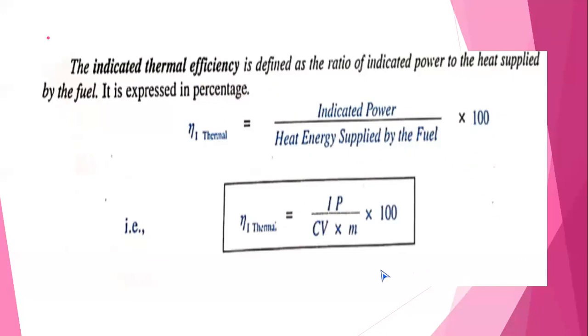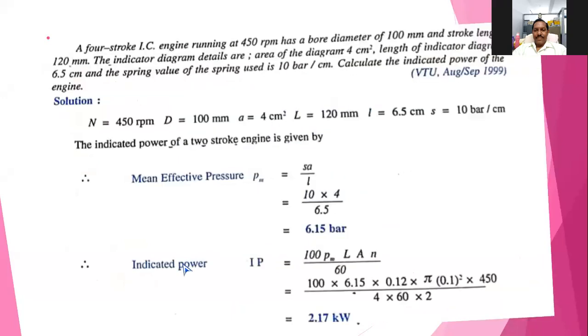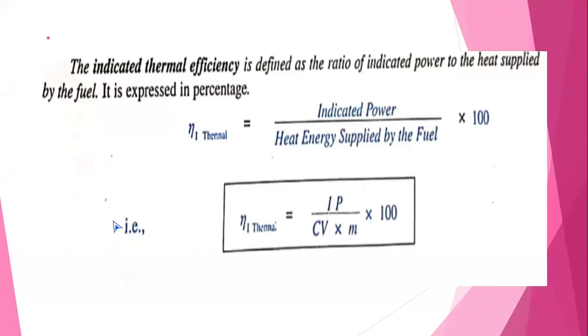That gives you the indicated thermal efficiency, that is eta I thermal equals IP, indicated power, divided by CV into M, multiplied by 100.